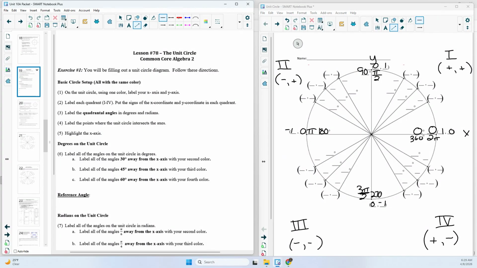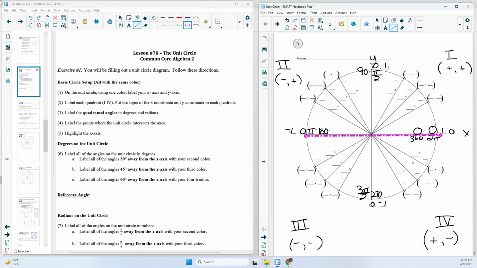So if you have something, let's just see if I can do this. You just want to highlight the x-axis. Okay, that works. Just to say everything is going off the x-axis. Notice I'm not highlighting the y-axis.